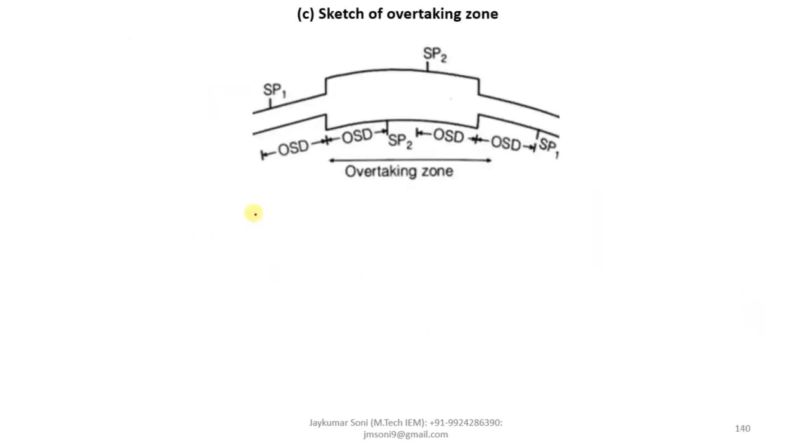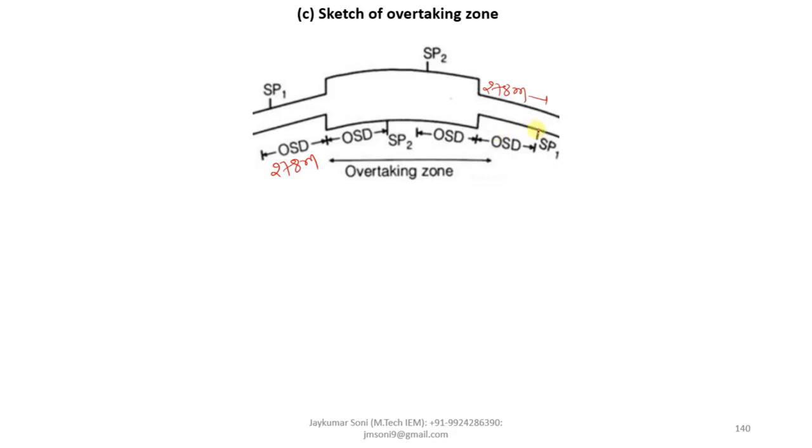Now, the last part is about drawing the sketch of the overtaking zone. This is the basic sketch. We just need to put in the values that we found through the previous calculation. We found that the overtaking sight distance, that is SP1, will be 278 meter. It will be here also, and here also.